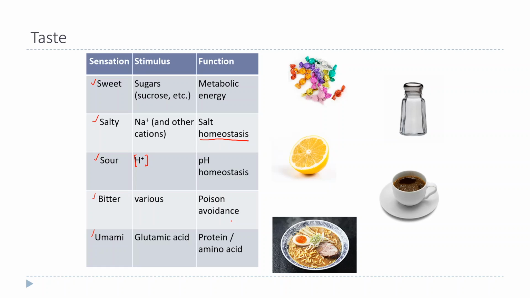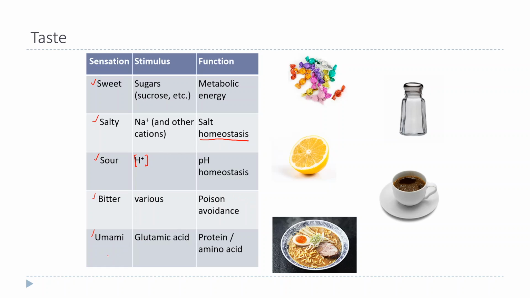And so presumably that sensation of being able to taste glutamate is useful because it tells you if the food you're eating has protein in it, because of course you need protein in your food in order for your cells to break down those proteins and use the amino acids to make new proteins, and to stay alive.